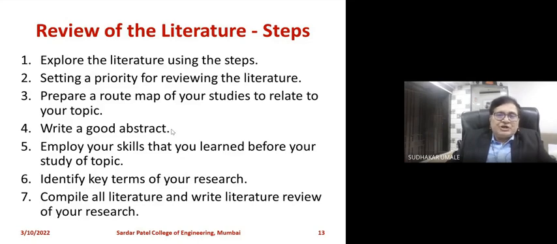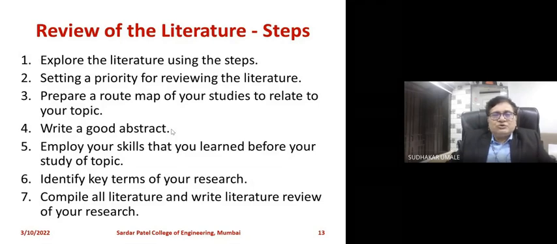Second is setting a priority for reviewing the literatures. We are referring to so many papers, so many publications, and we are making some decisions, and we are making some priority which is best for your research. After that, prepare a route map of your studies to relate to your topic. So hence we have the different literature mapping. We are finding the correct route map of your studies, and that is matching your topic.